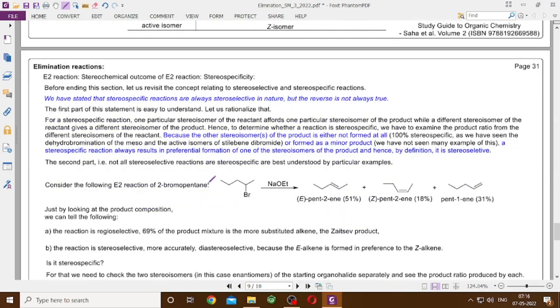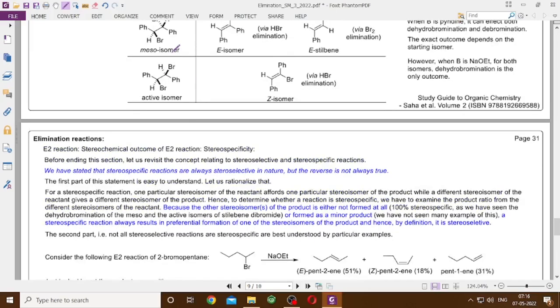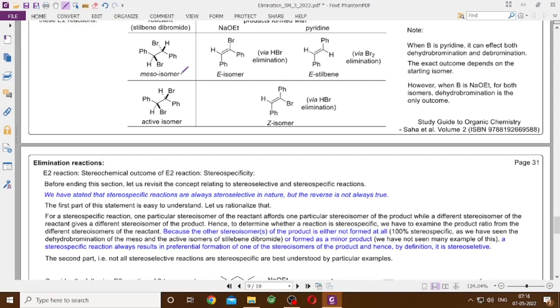And we have told you that by definition, all the reactions that are stereospecific are also stereoselective, because stereoselectivity means one stereoisomer dominates over the other.